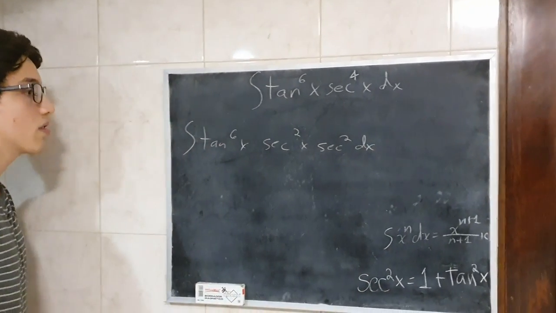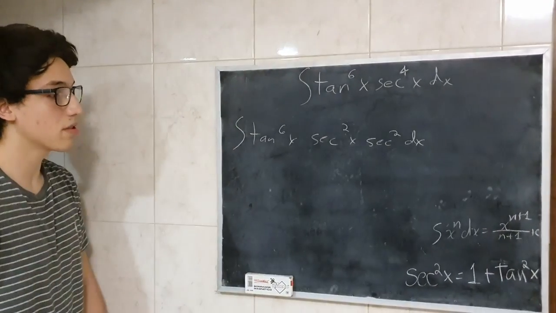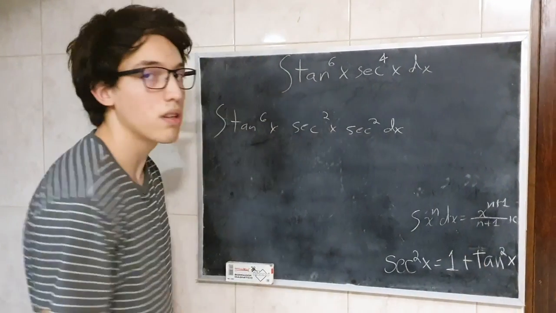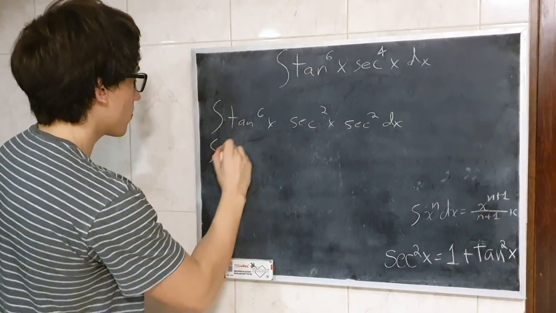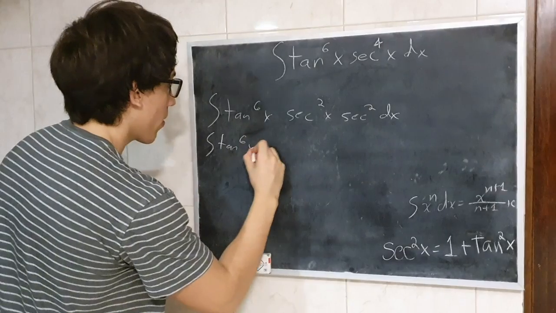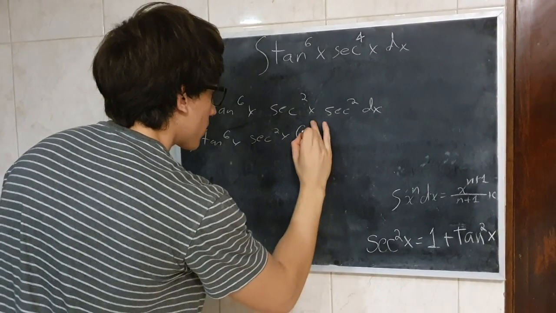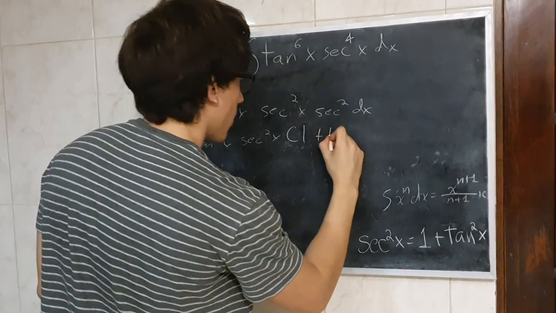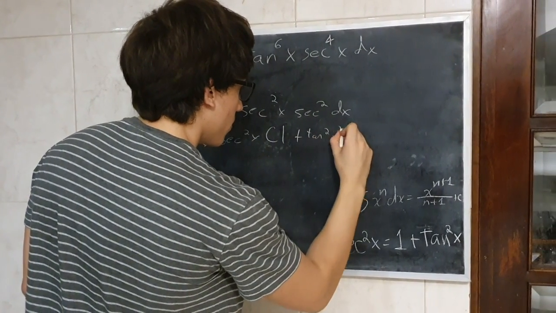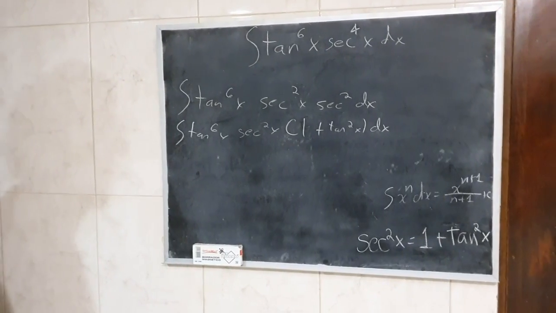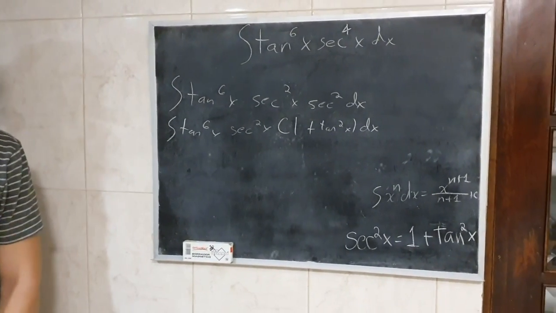Now we're gonna replace secant squared with its trigonometric identity, which is 1 plus tan squared. Okay, so now we're gonna start the process of integration by substitution.